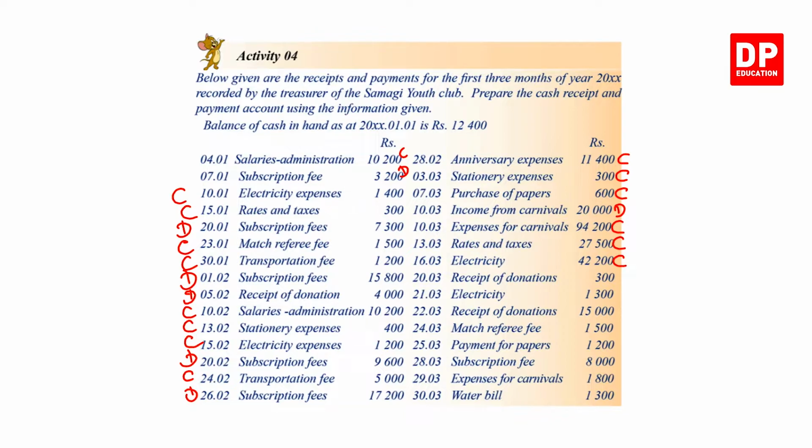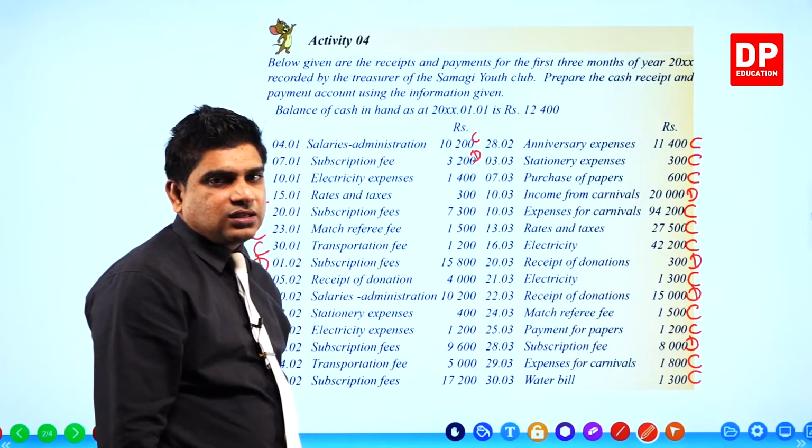Receipts of donation, debit. Match referee fee, credit. Payments for papers, credit. Subscription fee, debit. Expenses for carnival, credit, and water bill, credit. These are the details provided us.